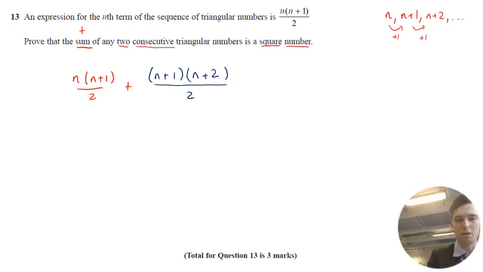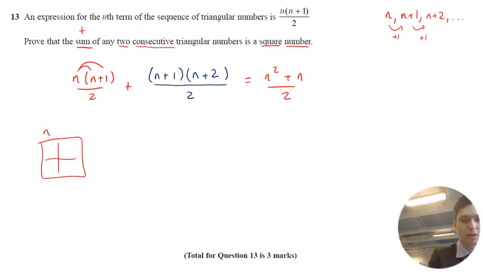What's our next step? Well, our next step is to expand and simplify this. So the first one is n squared plus n over 2. I just expanded brackets there. And then the second one, I'll just do a box to help me.